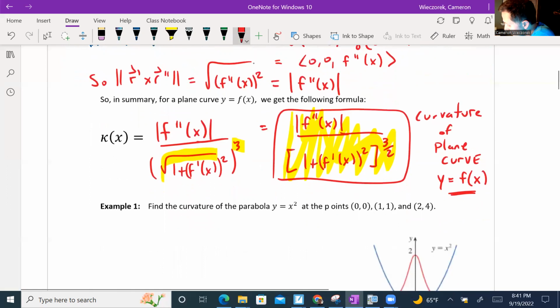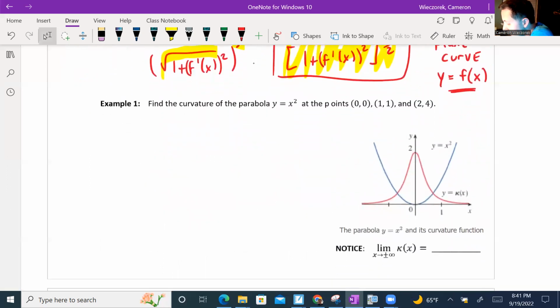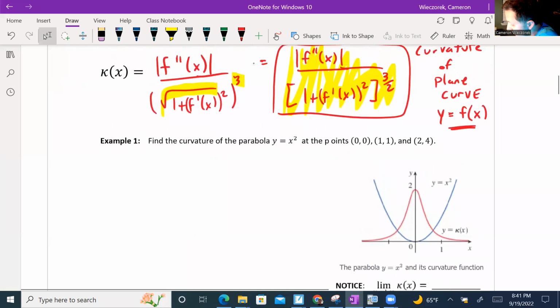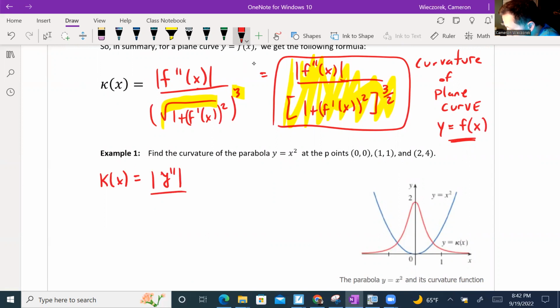So how can you use it? So let's take a look. Let's say we wanted to find the curvature of our parent function parabola y equals x squared at the points (0, 0), (1, 1), and (2, 4). Well, if I need curvature, I should probably compute my curvature function. So kappa of x equals the absolute value of y double prime over 1 plus y prime squared to the power of 3/2.